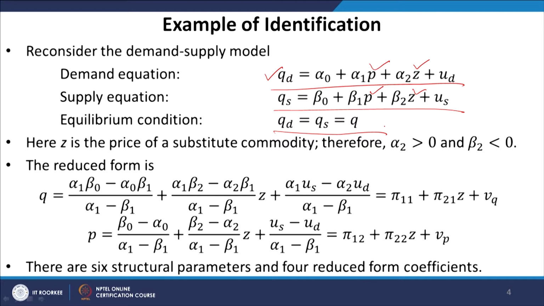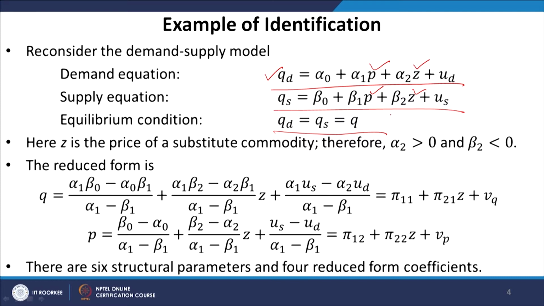Now, suppose z is the price of a substitute commodity, so that alpha 2 is greater than 0. This implies that if the price of the substitute commodity increases, then people will demand more of this commodity, and some of the demand for that particular commodity will be substituted by the demand for this commodity.